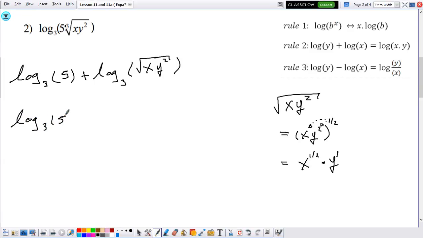Now sometimes the complicated part comes with just rewriting the square root, not so much about the logarithm. So the square root of x y to the second, I can just rewrite as this. Notice that here I'm multiplying again, so I need to apply the rule of logarithms, which says multiplication is addition.